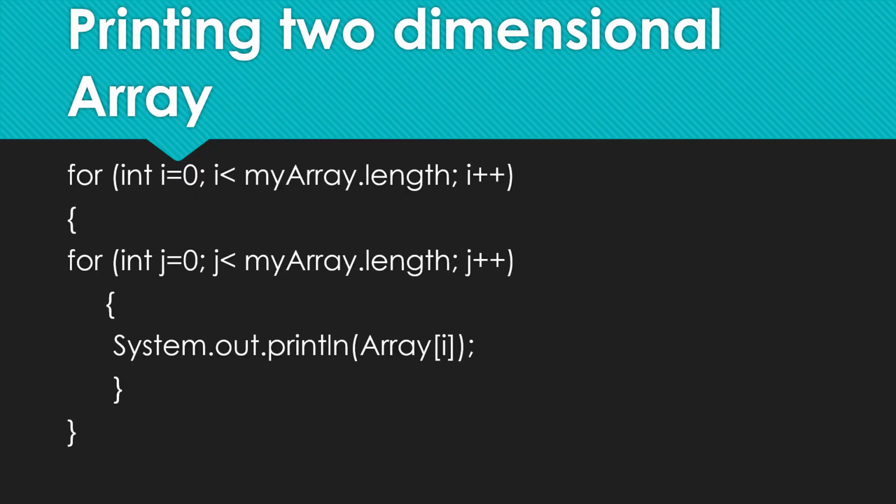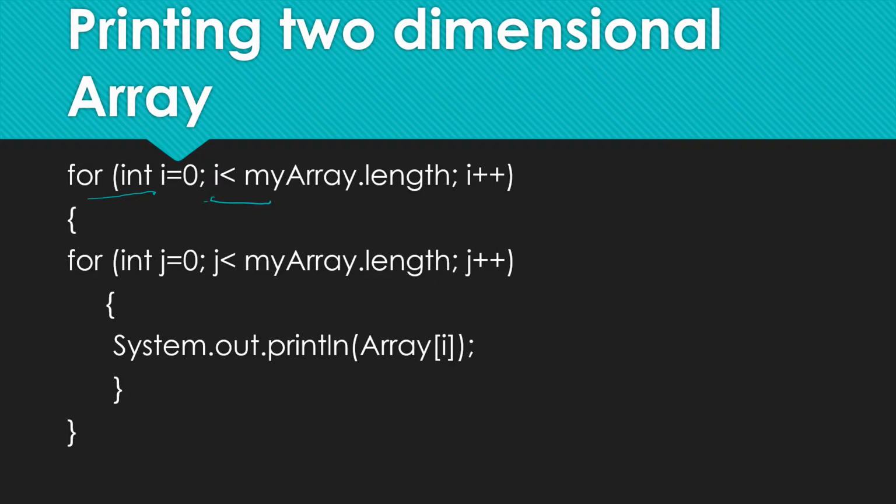Next we see about printing a two-dimensional array. So for the first index, we are declaring a variable called i, which is equal to 0, and we are checking whether i is less than the array dot length.